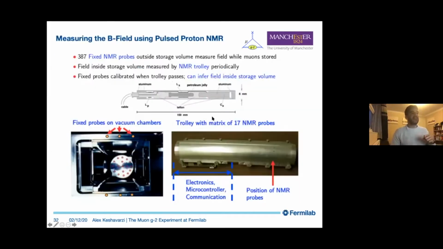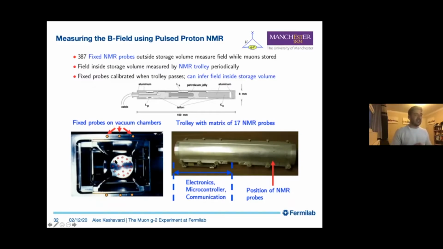Then to measure it, we have NMR probes. We have 387 of them inside the vacuum chamber itself, which measure the magnetic field all around the storage volume. And then when the muons aren't in there, because you have to imagine here, in this left diagram, you can see this is the center of the storage region. So the fixed probes sit all on the outside here and measure this.